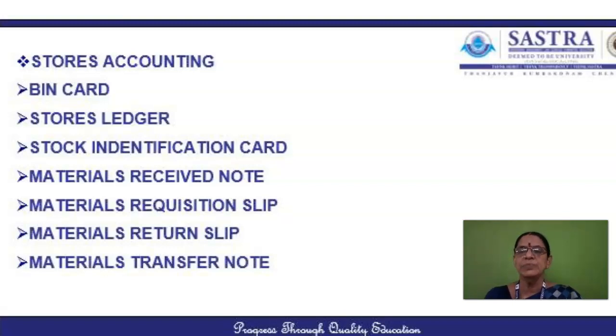This document is prepared by the receiving department, relevant information being taken from the party's invoice or the delivery challan. They are sent to the inspection department for approval, and after the approval has been received from the inspection department, it is passed on to the appropriate authority for verification, and once again it is forwarded to the accounts department for recording and accounting of materials.